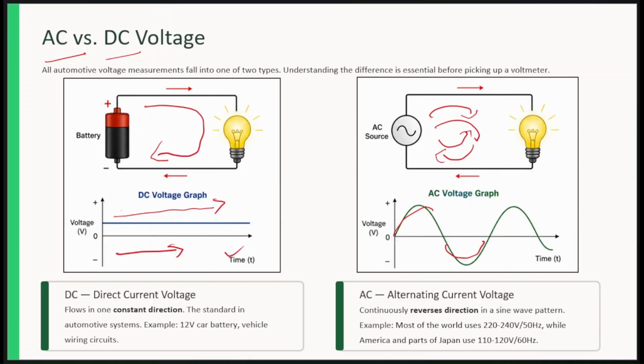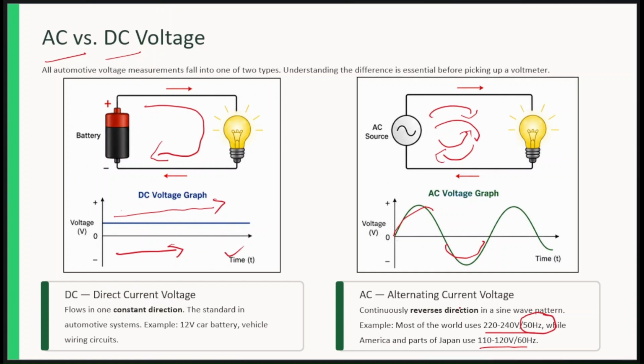So in our world, we are using two types of AC voltage. In most of the places we are using 220 to 240 volts with 50 hertz. In America and some parts of Japan, we are using 110 to 120 volts with 60 hertz. What is this?